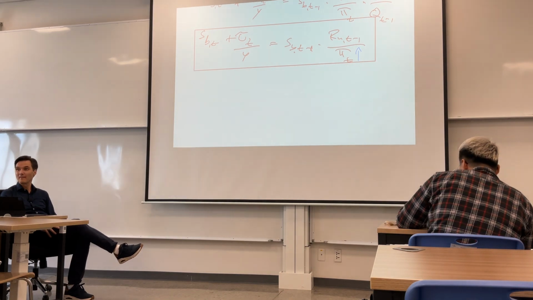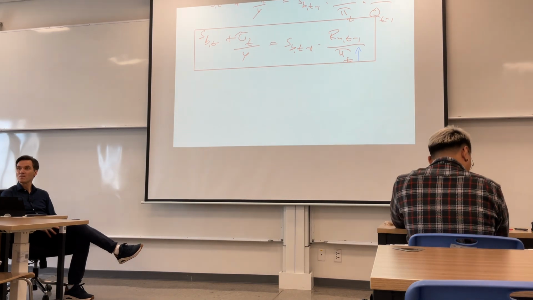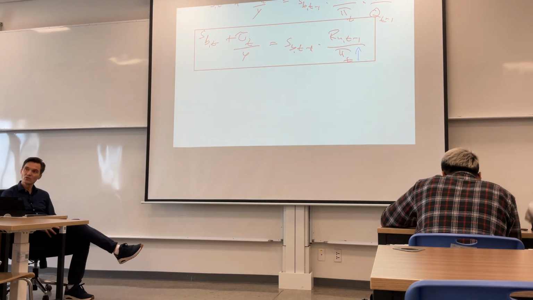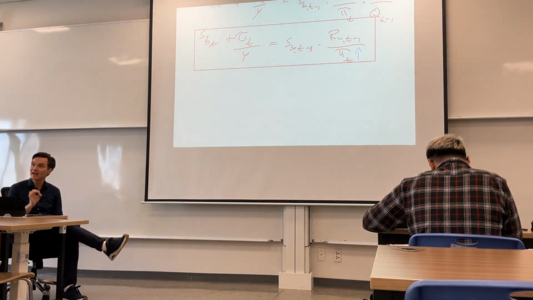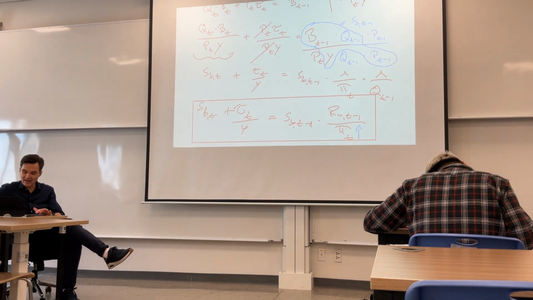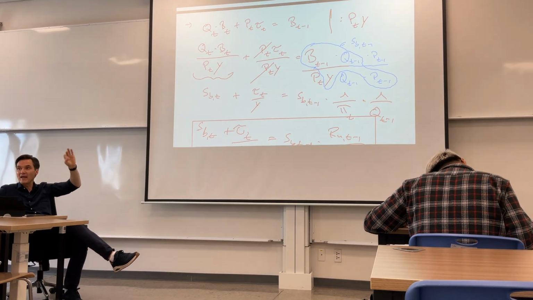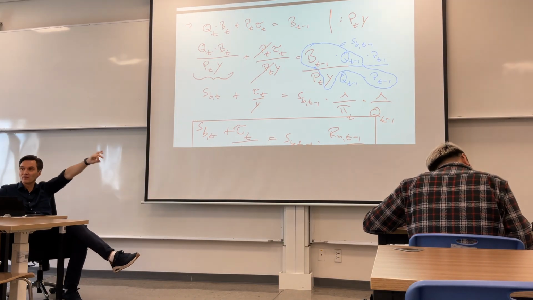But the time for the inflation is t minus 1. Exactly, this is the idea. In period t you have to repay b t minus 1 units.